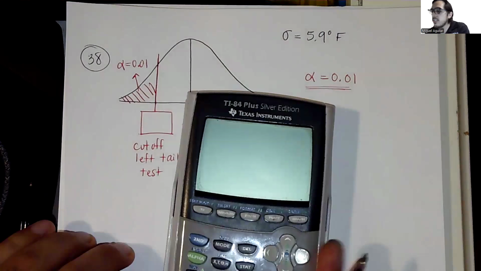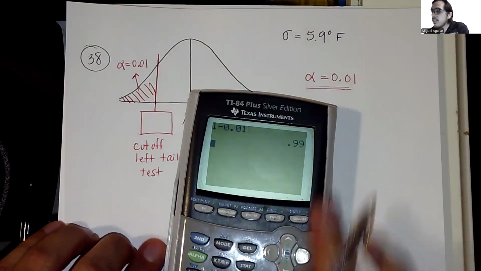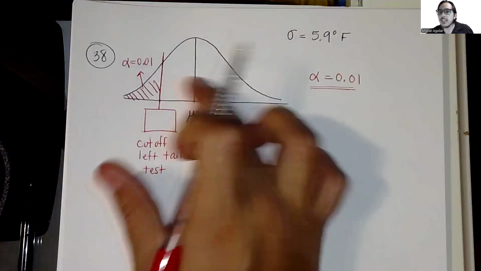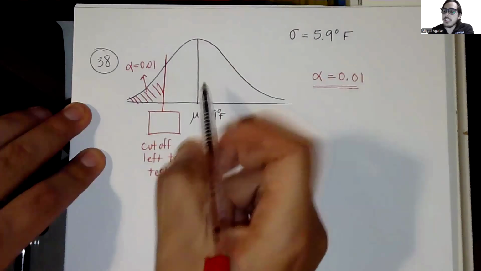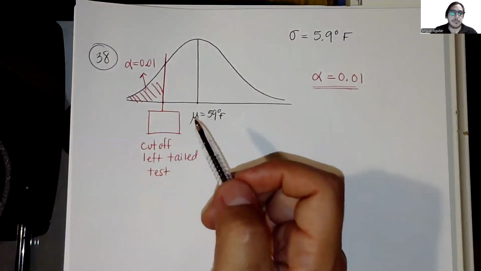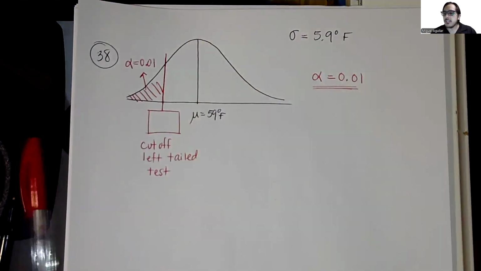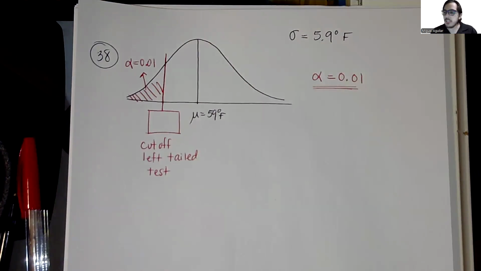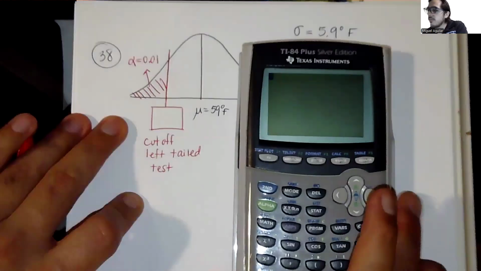If I had just 1 minus 0.01, then 99% of the data is going to fall in this region over here to the right. But we're concerned about getting a value that falls over here. So we can find this cutoff value by going to our calculator.